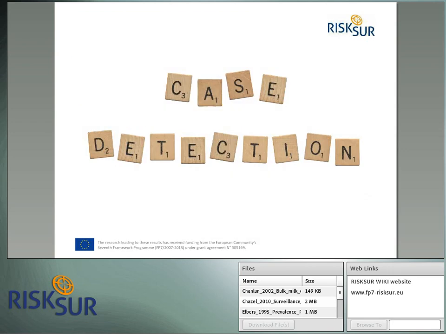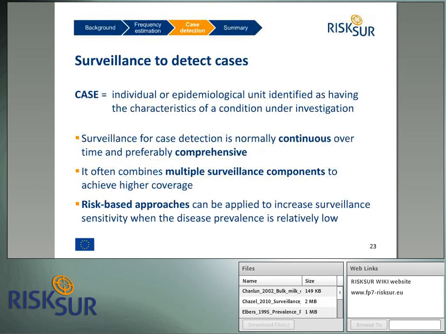Let's explore now the surveillance strategies to detect cases of disease. First of all, a case is defined as an individual or an epidemiological unit having the characteristics of the disease under investigation. The key aspect of surveillance for case detection is finding as many cases as possible. Therefore, it is normally continuous over time, like for instance routine abattoir testing, and preferably comprehensive.